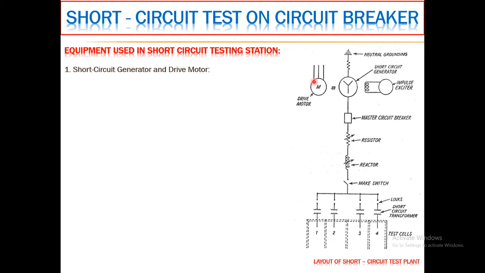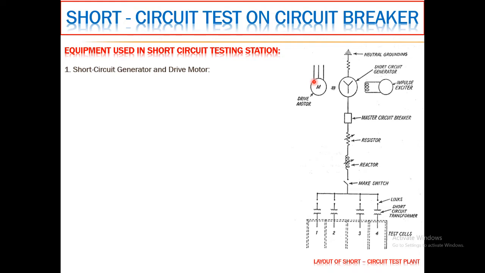The role of the impulse exciter is somewhat different from the excitation system that you observe at power plants. Let us quickly move towards the different components that we observe in the short circuit testing station, which in industries is also known as a short circuit bench.